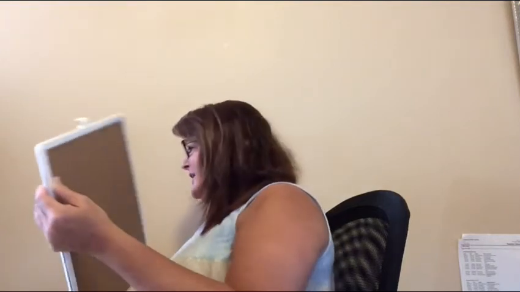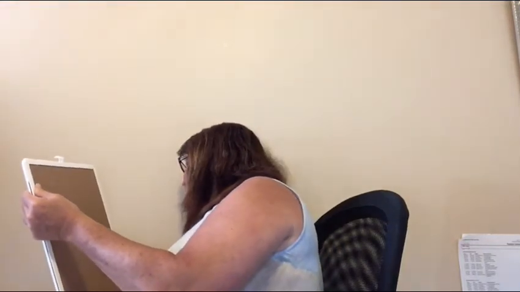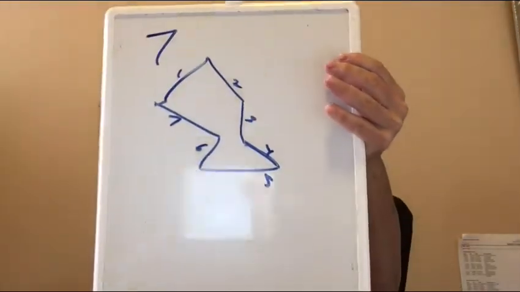So you're going to do 1, 2, 3, 4, 5, 6, 7. Okay, so I have 7 sides. My figure has 7 sides, therefore it has 7 vertices.